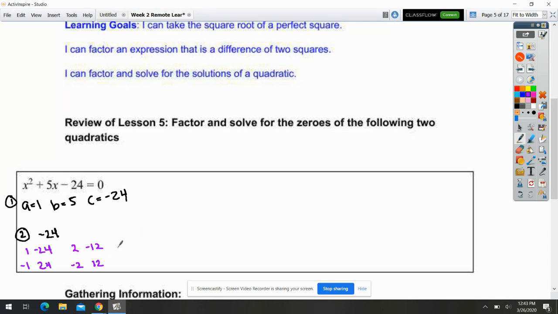Here we have a few different options: 3 and negative 8, negative 8 and 3, and am I missing? Oh, 4 and negative 6, and negative 6 and 4. So I have all the factors listed that multiply to, remember these are all multiplication, negative 24.